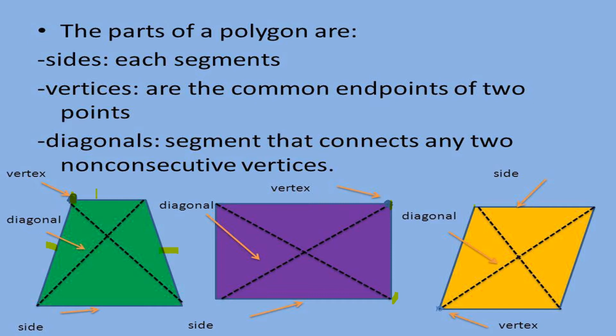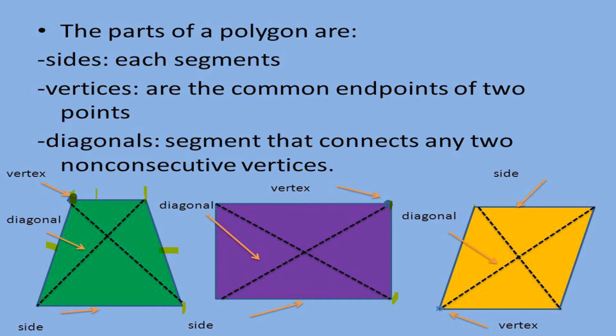Now diagonals. A diagonal is a segment that connects any two non-consecutive vertices. What is the meaning of consecutive? Consecutive means continuity. Non-consecutive means vertices that are not continuous.